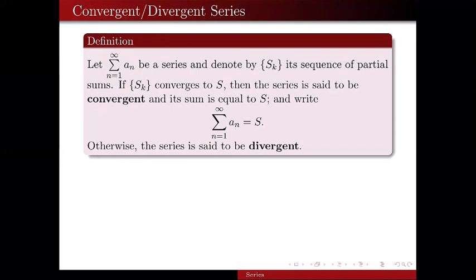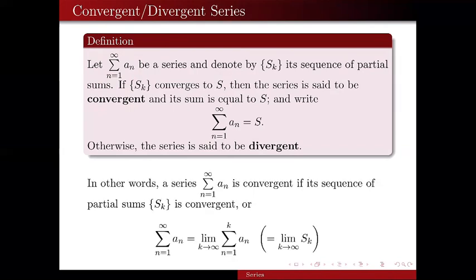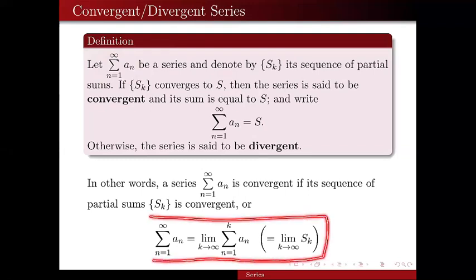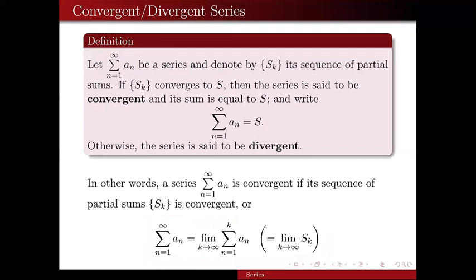So in other words, a series a sub n is convergent if its sequence of partial sums is convergent. And we now have the following. The series from n equals 1 up to plus infinity is equal to the limit as k approaches infinity of the sum from n equals 1 up to k.